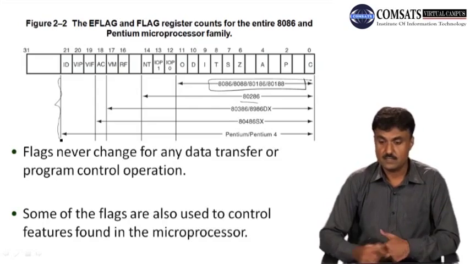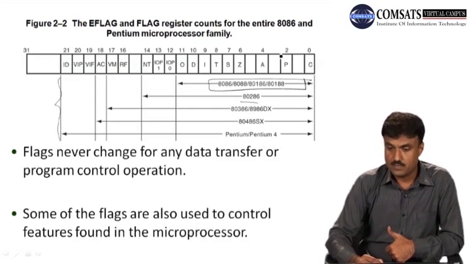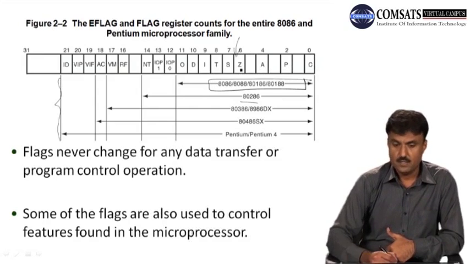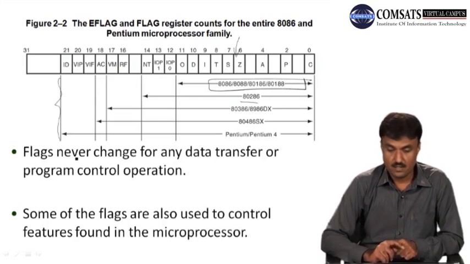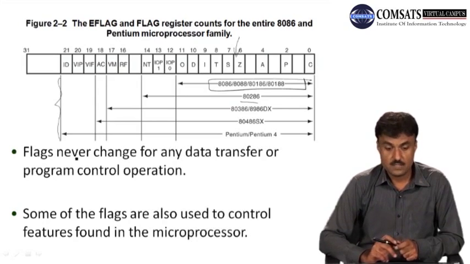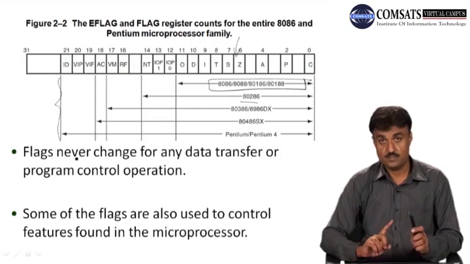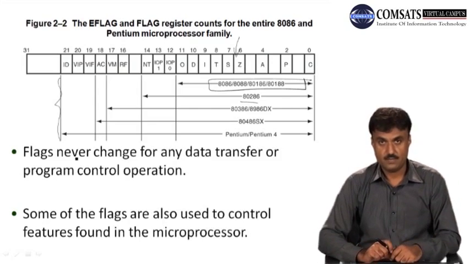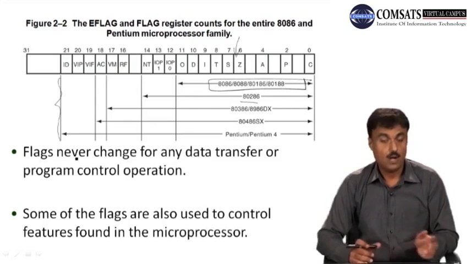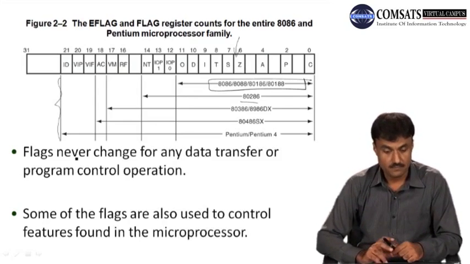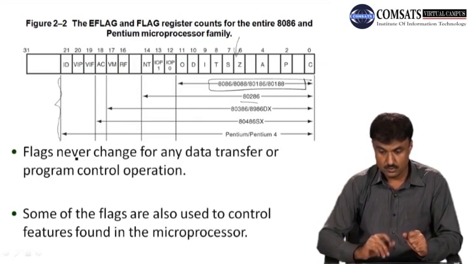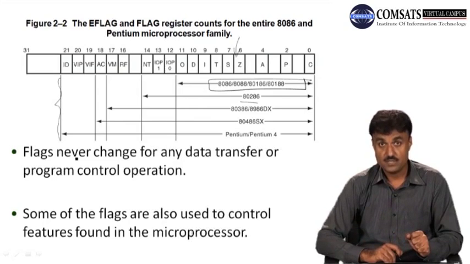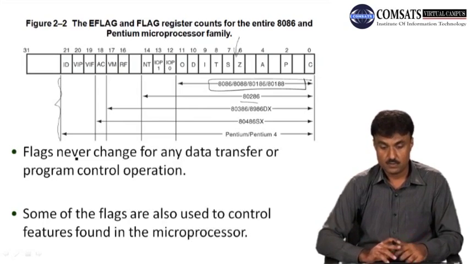You can see all these flags. As we already discussed, flags never change for any data transfer or program control operations. For example, if we jump to another instruction location inside the program, or we transfer data, it doesn't affect the flags. A few of the flags are also used for control features found in the microprocessor.